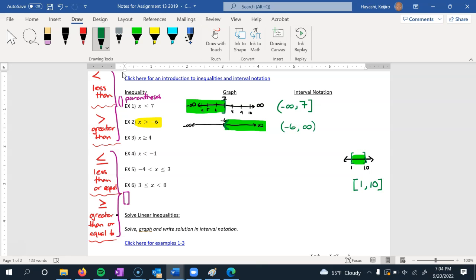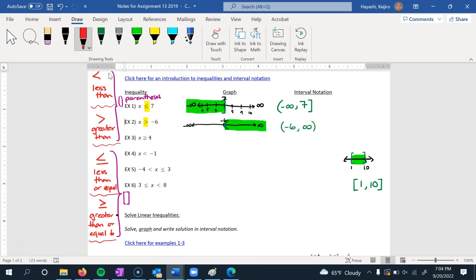Why is that one in parentheses and the other one's a bracket? That's got to do with the symbol that's right here. Oh, I see.